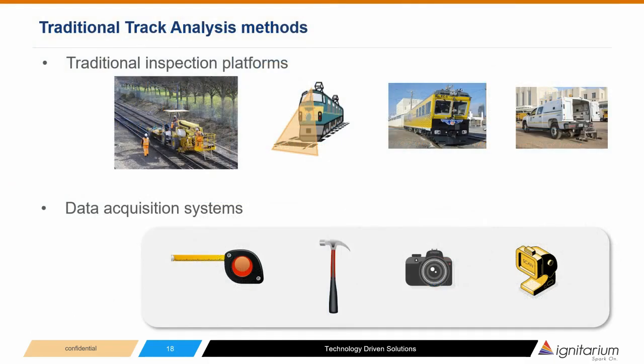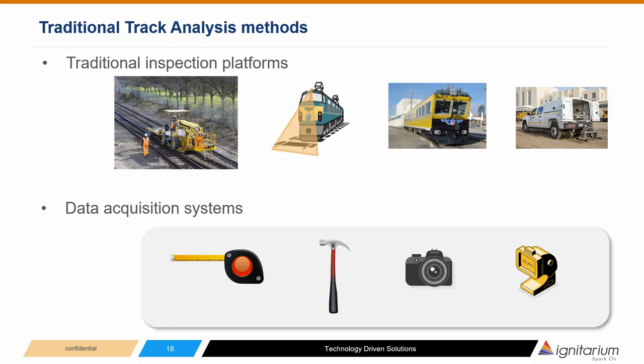Traditional inspection platforms range from a human inspector walking along the track, or you could have sensors mounted on a train engine, or you could have more specialized platforms as you see on the top right of the slide. You could have custom built inspection rail cars, which are very popular in Europe, or specialized on-track inspection trucks, which are used heavily in the US.